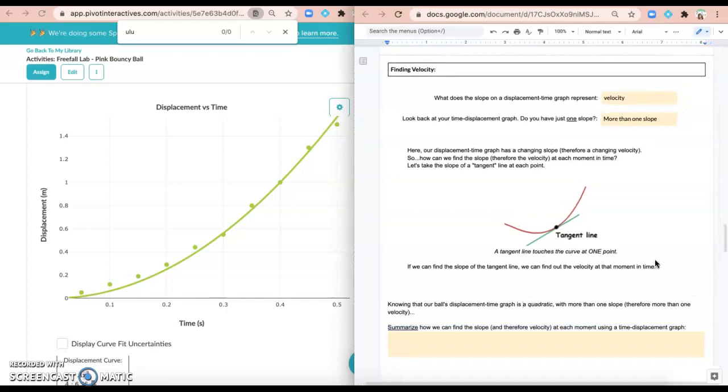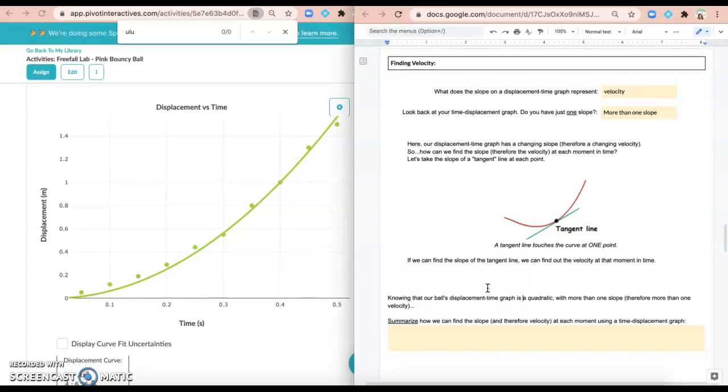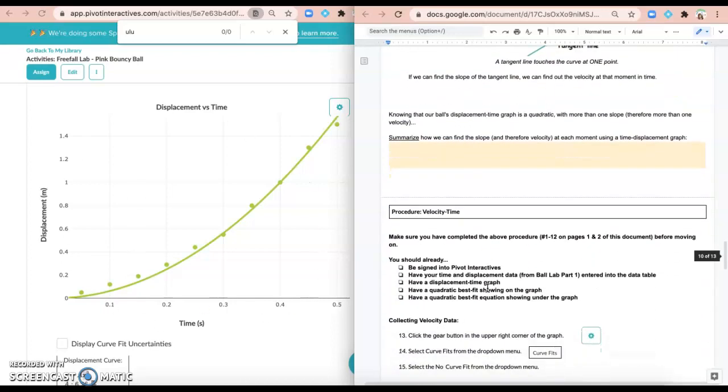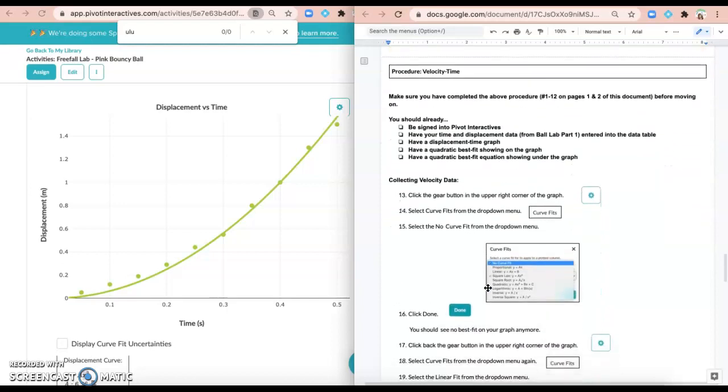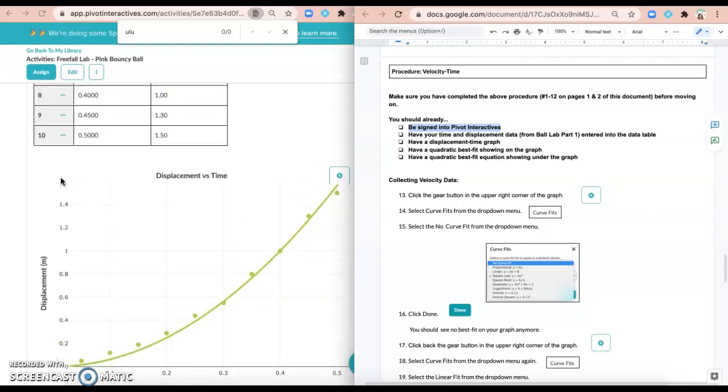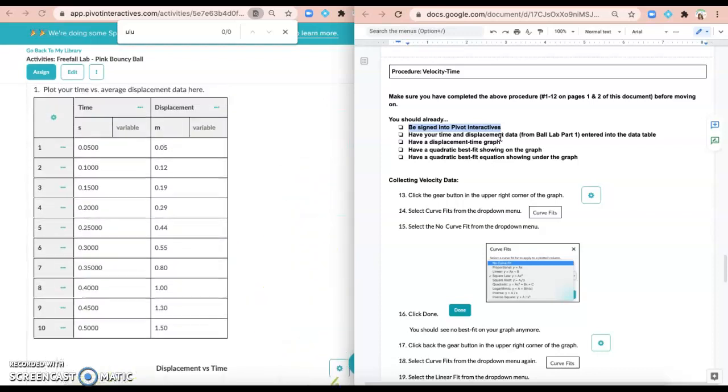Okay, now that we have our game plan in order, we're going to carry this out to the best of our abilities using Pivot Interactives. So you'll notice I have my Pivot Interactives graph. That's what I was working with before. So you want to make sure that you have Pivot Interactives open and you're signed in. You should have your displacement and time data already entered from Ball Lab Part 1.